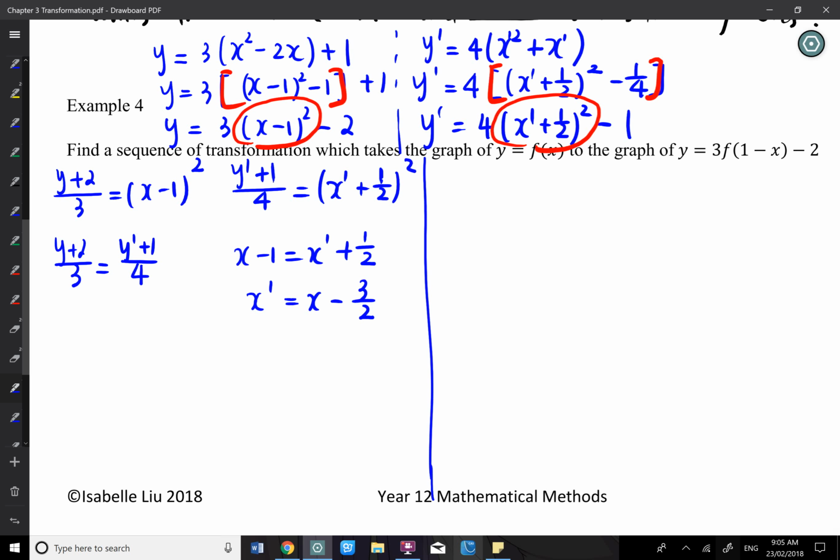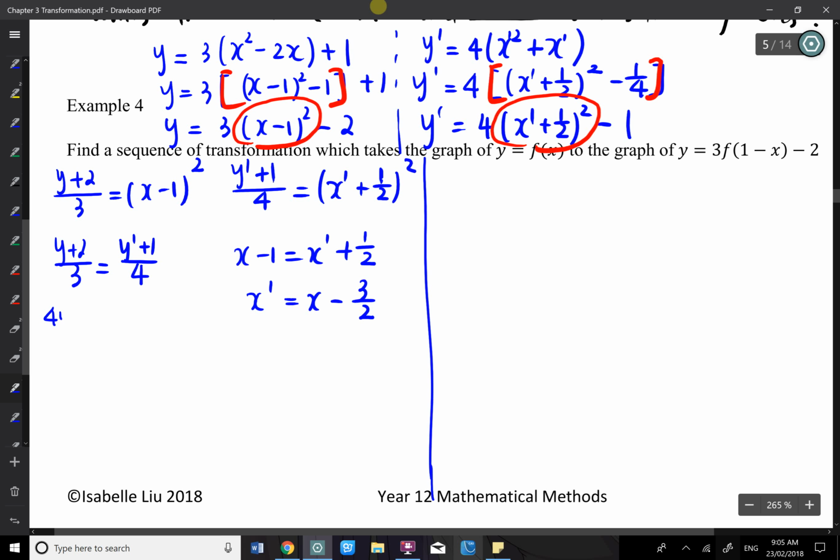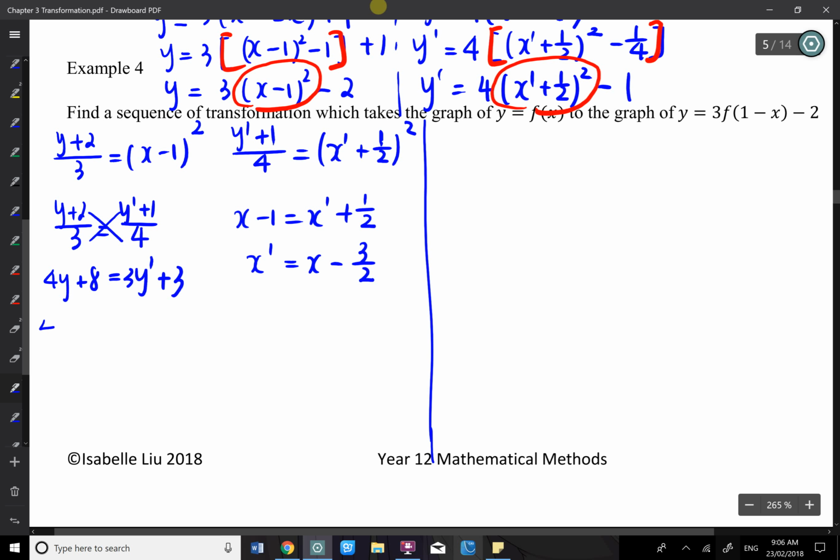Well, the y side is a bit tricky. What I can do is this first: 4y plus 8 equals 3y dash plus 3. Cross multiply them. 4y plus 5 equals 3y dash. y dash equals 4 on 3 y plus 5 on 3.